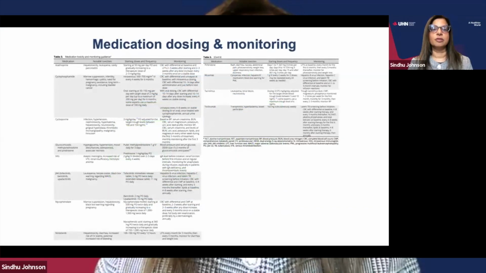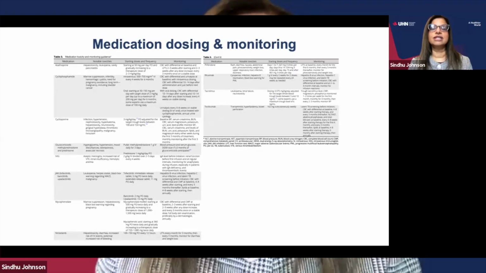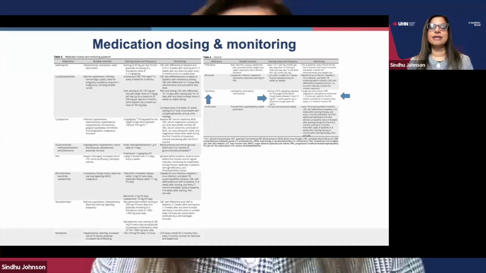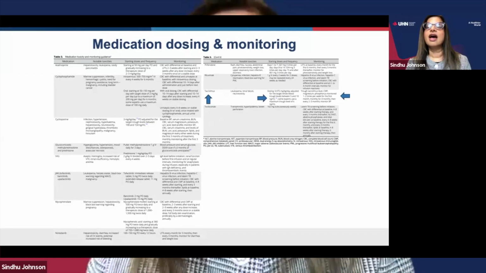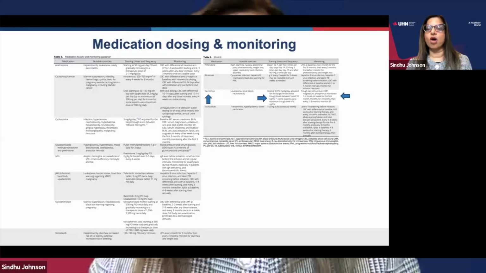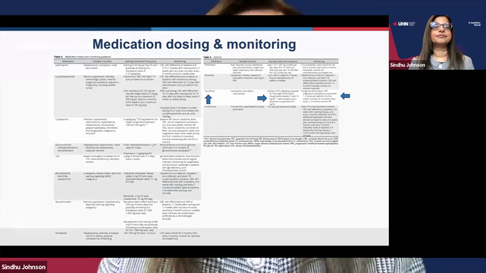The guideline document contains additional tables. One relates to medication dosing and monitoring. This may be helpful for medications that you are less familiar with, such as tacrolimus. In this table, we outline the starting dose, frequency, and monitoring recommendations.